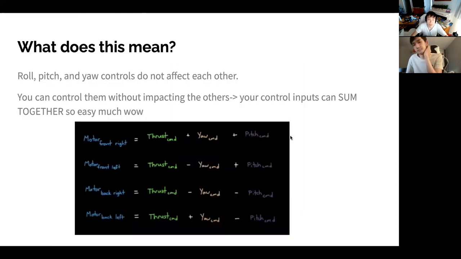Since roll, pitch, and yaw don't really affect each other, as shown in the previous slides, we can manipulate and control each individual quantity. So your yaw, roll, and pitch can be added together in a pretty linear fashion. And as Eric says, much wow, magic.